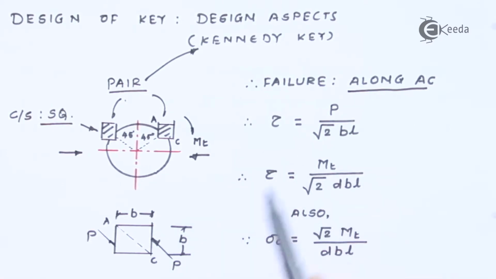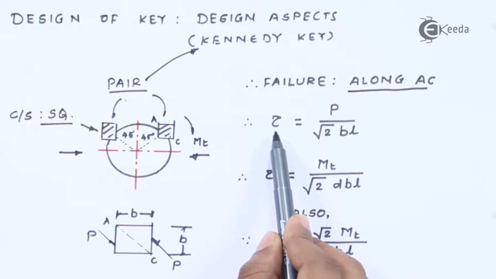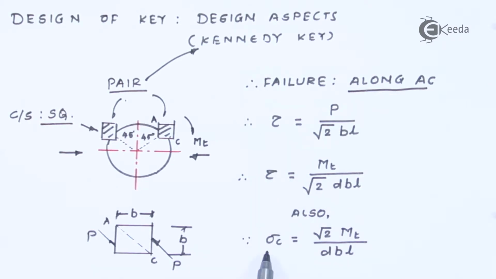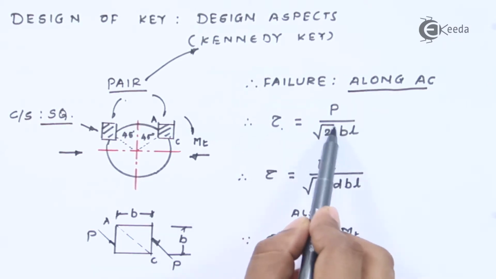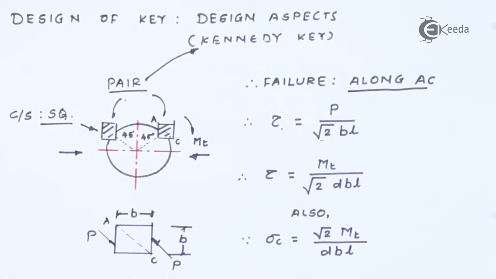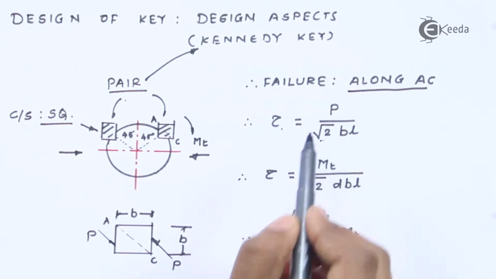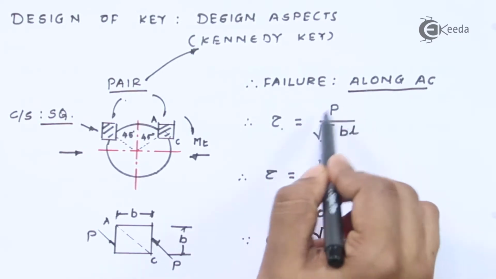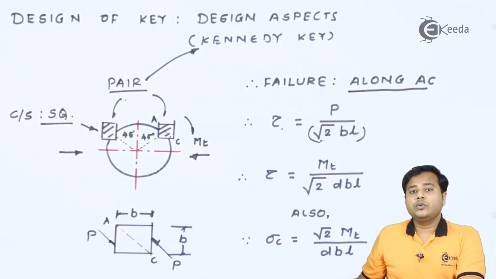So there are two ways again: it will fail in shear or it will fail in compression. When it comes to shear, it is very clear that along the diagonal the length is going to be at 45 degrees. That's why the root 2 component comes out there. So this is the area which is going to get the shear.